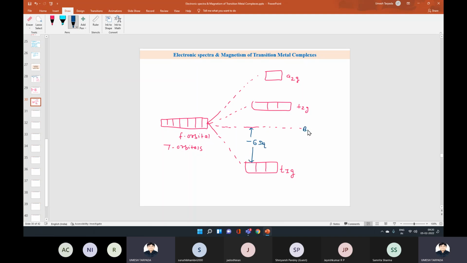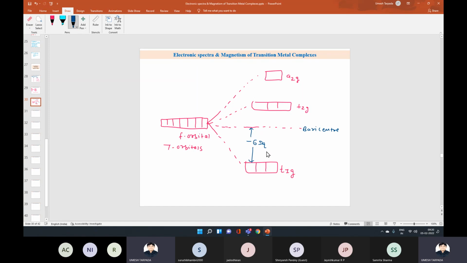This is the barycenter. 3 orbitals are there, so 6 into 3. Total amount is minus 18, because 3 orbitals are there.